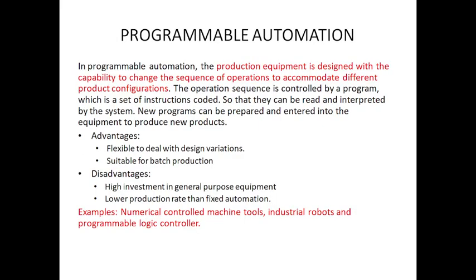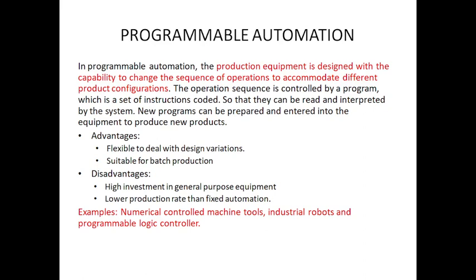And then you have programmable automation. This is high-end automation where you can have a lot of flexibility as far as design changes are concerned. In this, the production equipment is designed with the capability to change the sequence of operations to accommodate different product configurations. The advantages are flexibility in design variations, and it is very suitable for batch production, where the quantity of product you want to make is low.